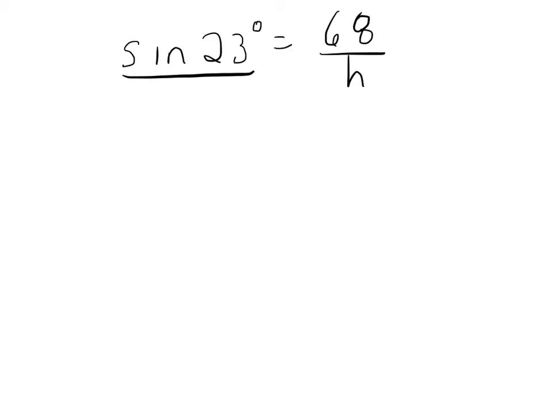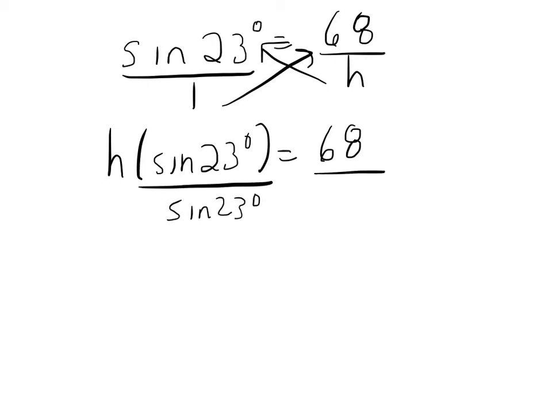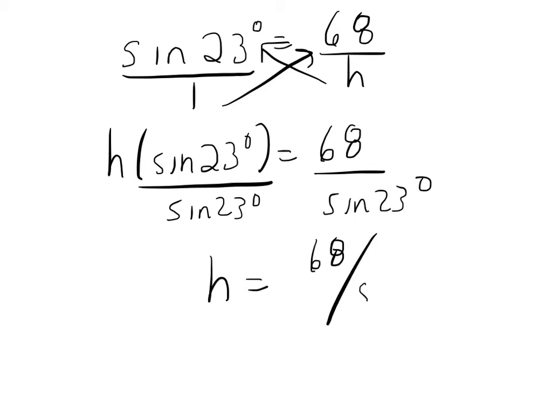Remember we said you could set these up as a proportion and just cross multiply. So you have H times the sine of 23 equals 68 times 1, which is 68. If you divide both sides by the sine of 23, all we'd have to do now is take this information, plug it in our calculators, and it'll tell us what the height is.